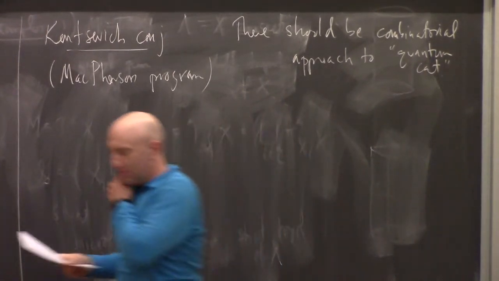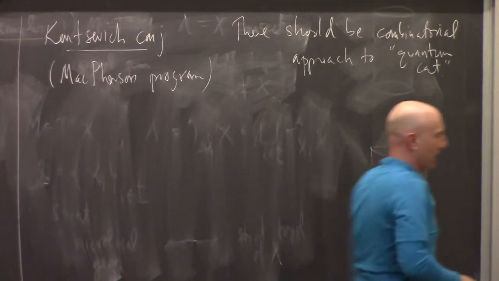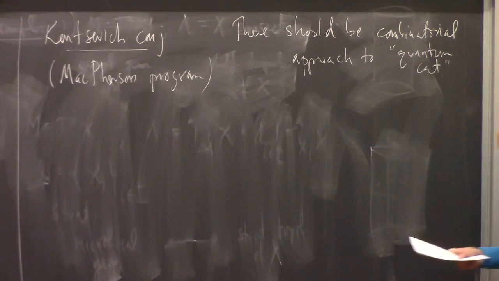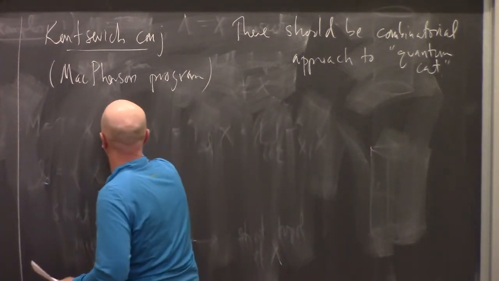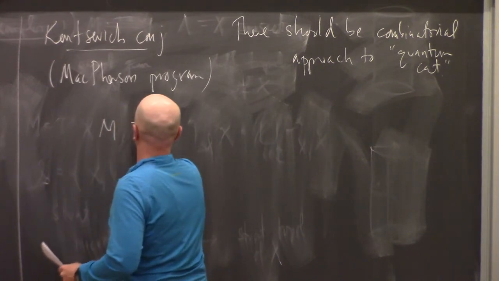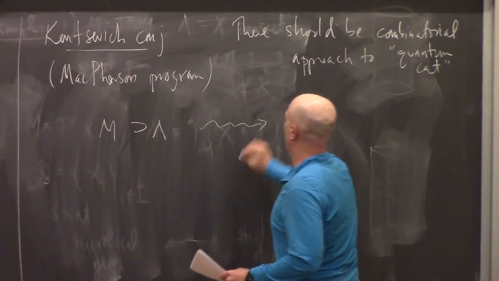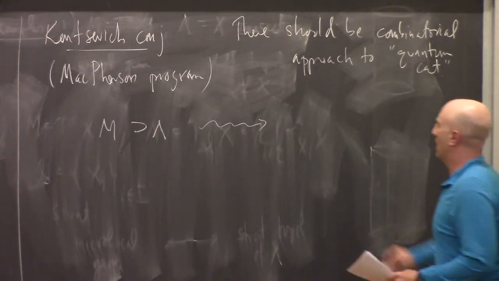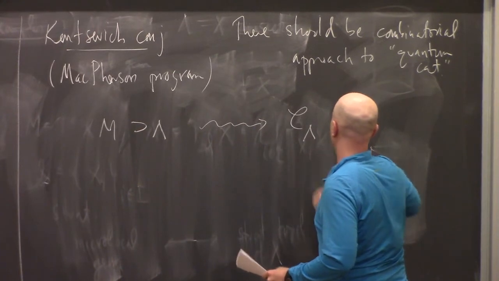Okay, so let me make that slightly more precise, because you could say, okay, I don't know, the Fukaya category is nicely combinatorial, so let me make it a little bit more precise. If I give you this pair, M and Lambda, you would like to associate to it a sheaf of categories, say, I don't know, script Lambda.